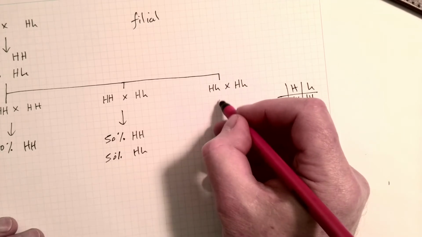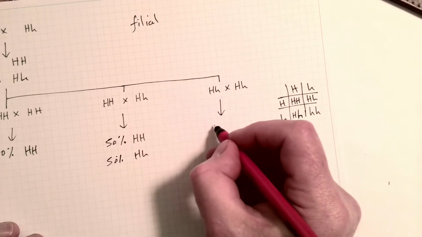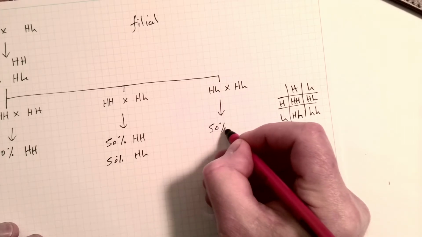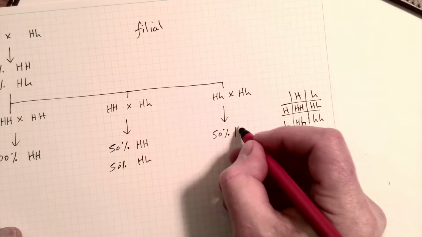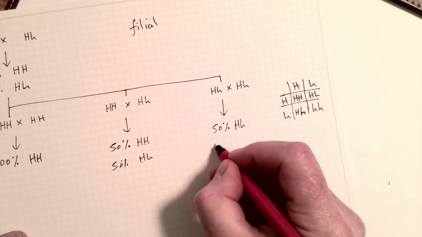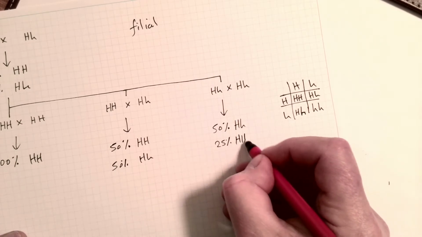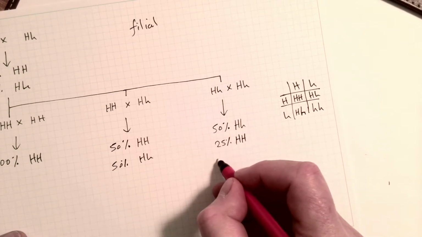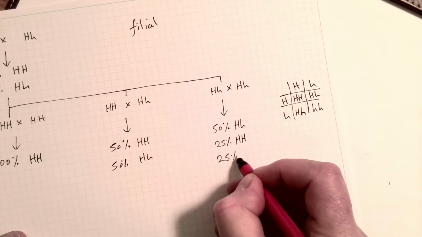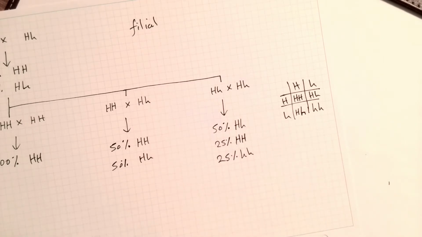So what I will get if I do this is 50% big H little h, 50% heterozygous, 25% homozygous dominant, and all these are going to be stripy. But there's a chance I'm going to get 25% little h little h.